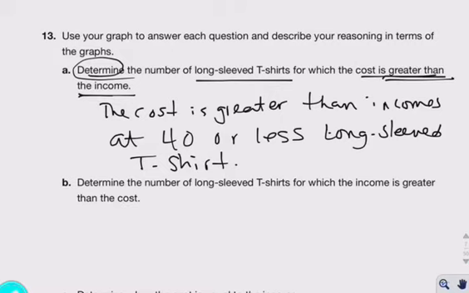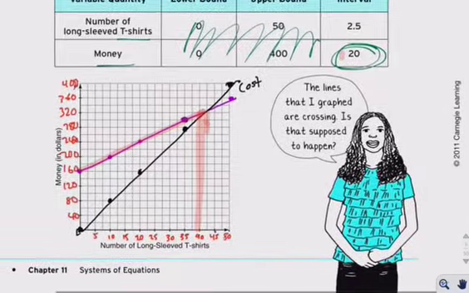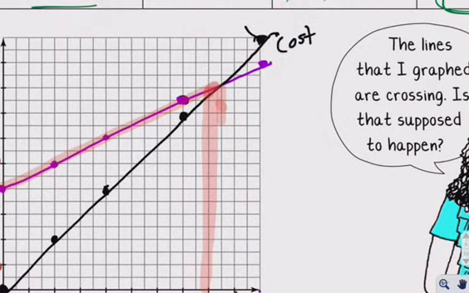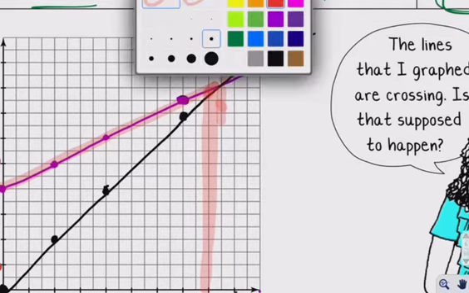Okay, determine the number of long sleeve t-shirts for which income is greater than the cost. When is income greater than cost? Okay, the black line is the income line. When is it greater? When is it higher? Right here. I'll do it in blue.